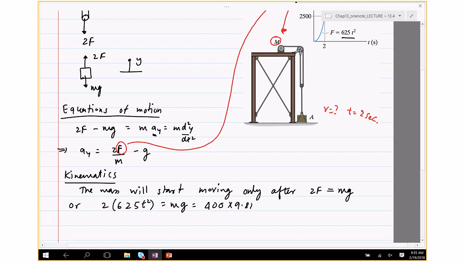So we can solve for t. t is 400 times 9.81 divided by 2 times 625, and since it's t squared, we take the square root. So this comes out to be 1.772.